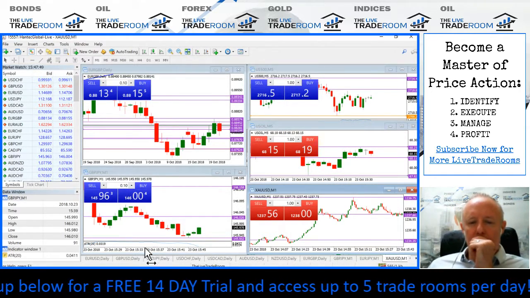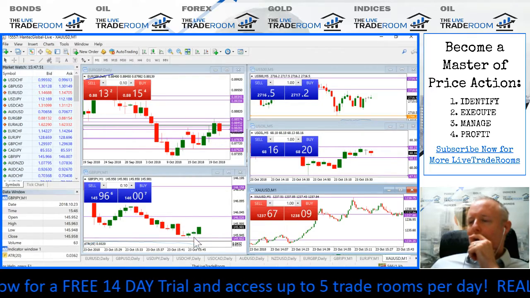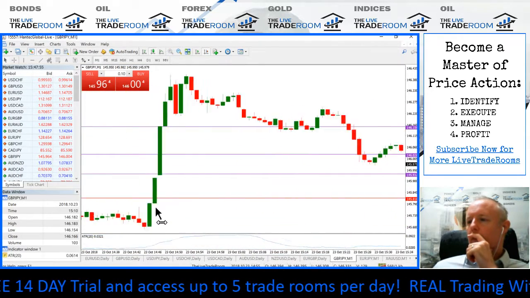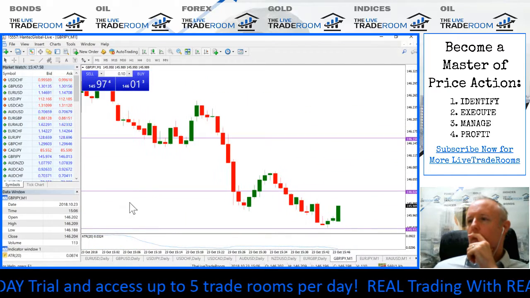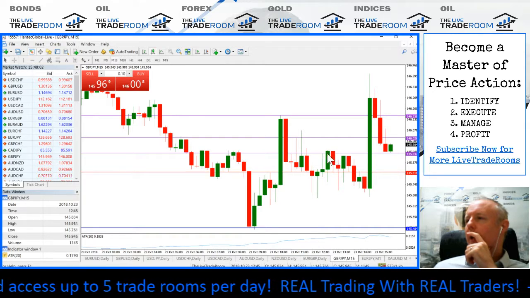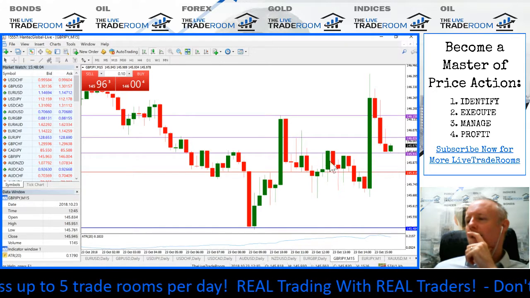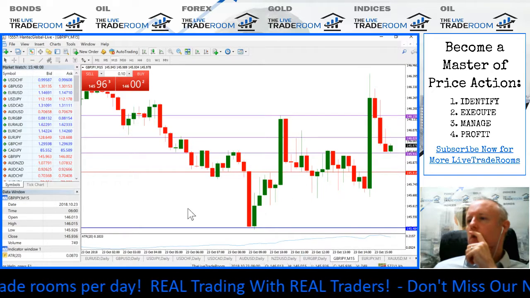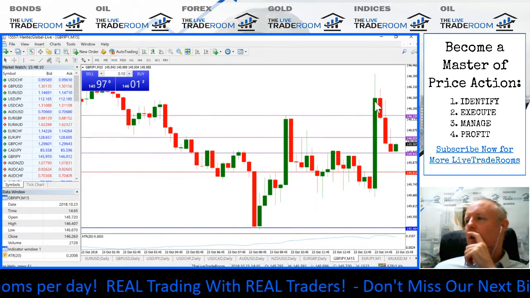Okay, a bit of strength is beginning to creep in to the pound yen off a level of support. You can see the importance of this level here. It's quite clean as well, this little pullback.